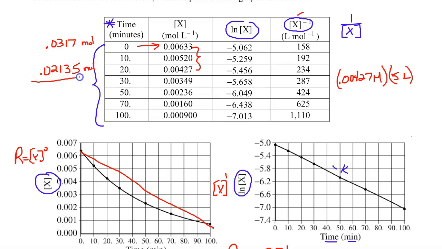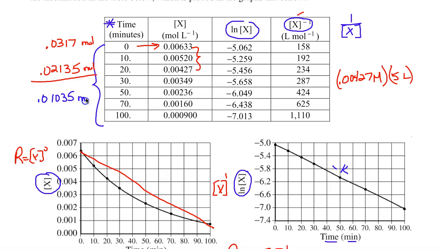Okay, I'm going to subtract these two, and that's going to give me the total loss of moles. And once I have that, I know what my minus x is, right? 0.0317 minus 0.02135.